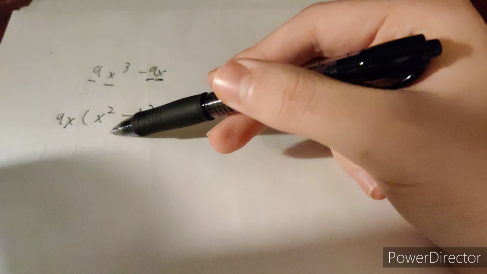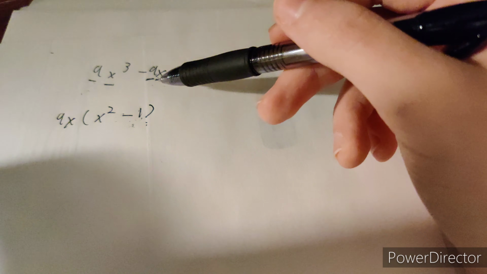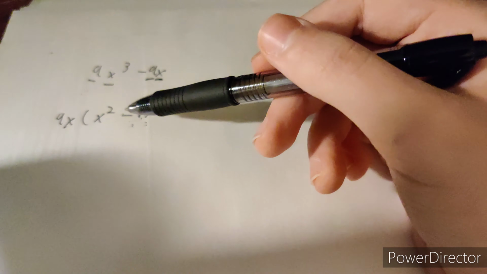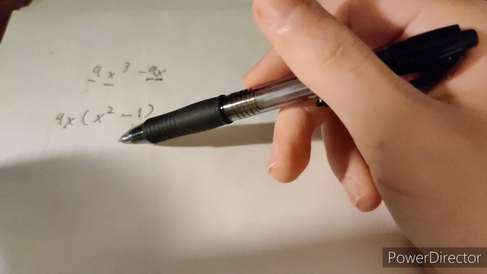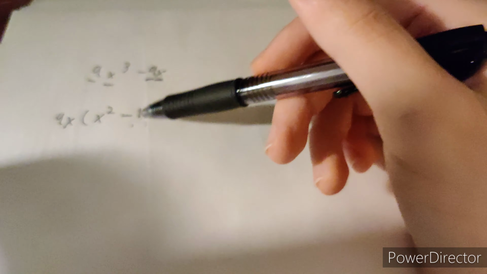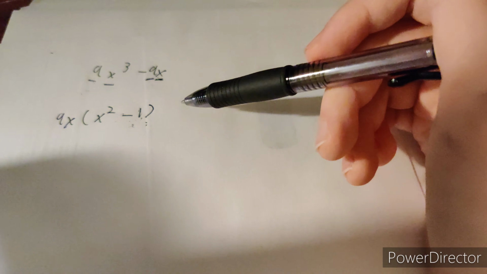So if it was x squared minus, let's see, what's a perfect square? X squared minus 4, it's going to be x minus 2, x plus 2. If it's x squared minus 1, it's going to be x minus 1, x plus 1.